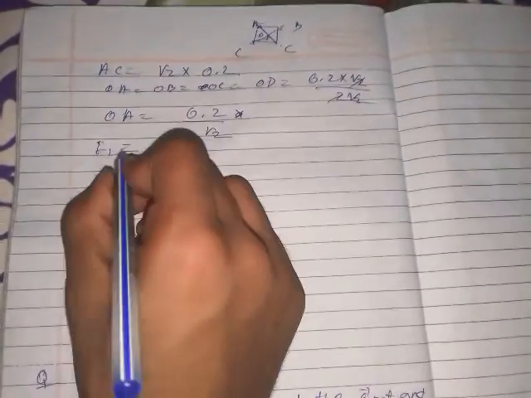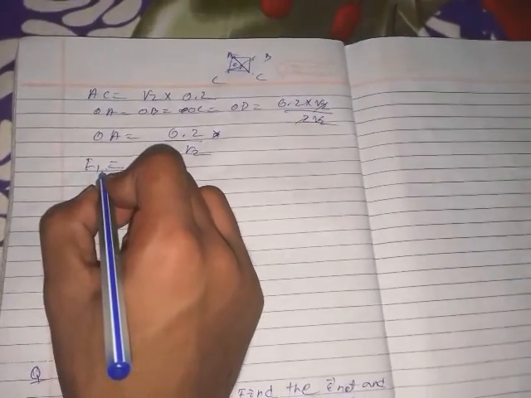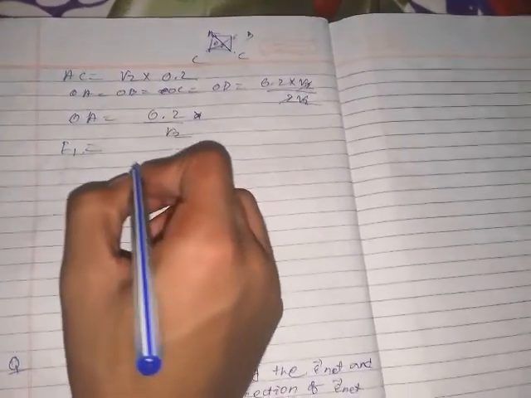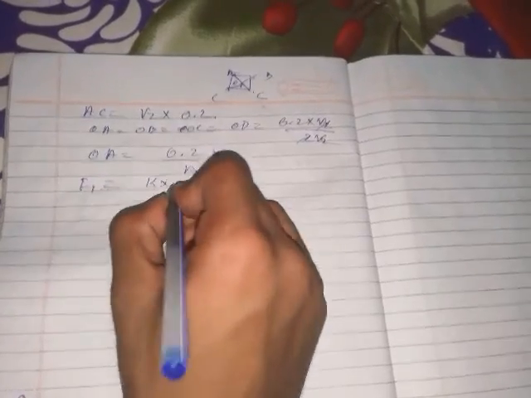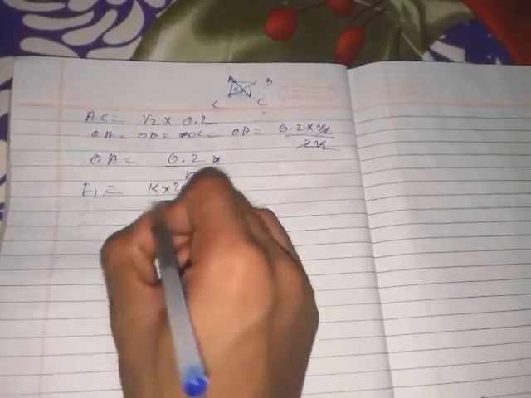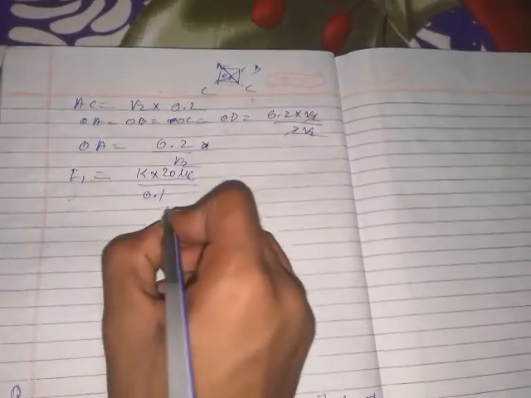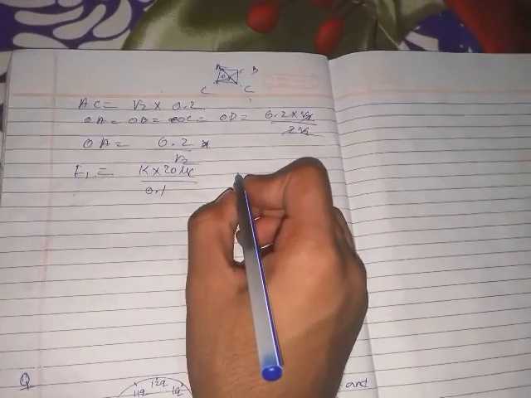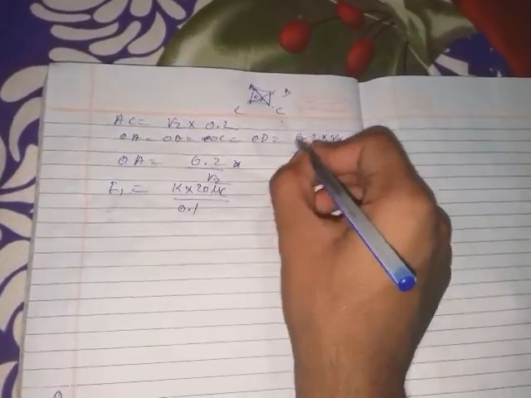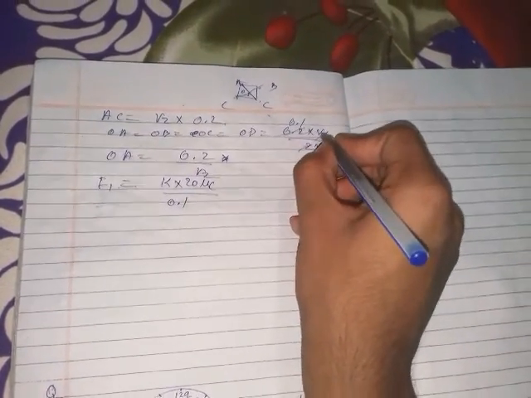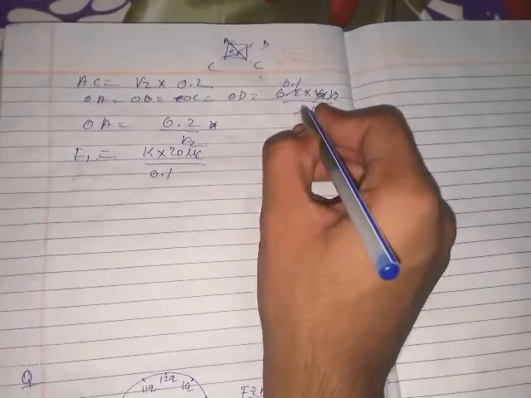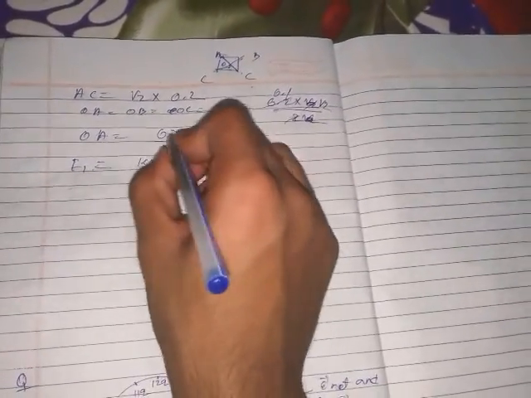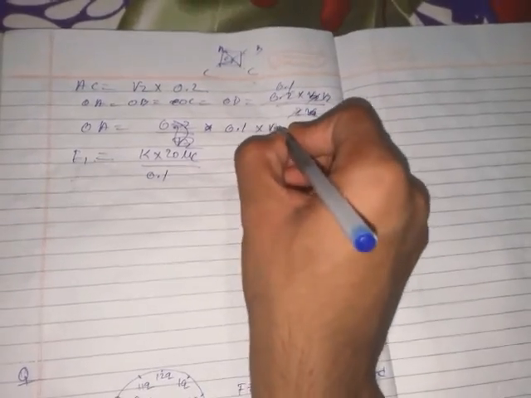Then first we have to calculate force F1 due to charge C. K into 20 microcoulomb divided by 0.1 root 2 whole square, since 2 is cancelled, 0.2 becomes 0.1 into root 2.